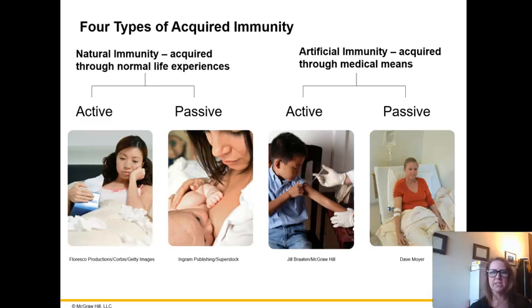So it's artificial because it's through medical means, but active because your immune system had to go through all these stages and then crank out antibodies, both through the plasma and memory cells. So you have these recorded cells specialized to make antibodies if you're exposed to that particular disease, whether that's measles or mumps or COVID-19 or flu, HPV, whatever. So artificial passive is when we are literally giving antibodies to a person.